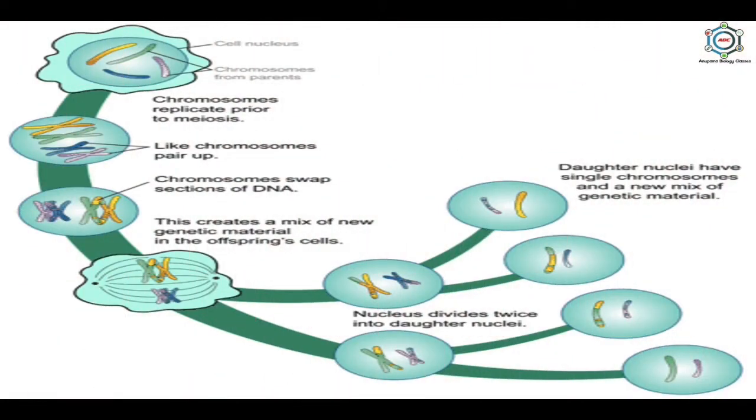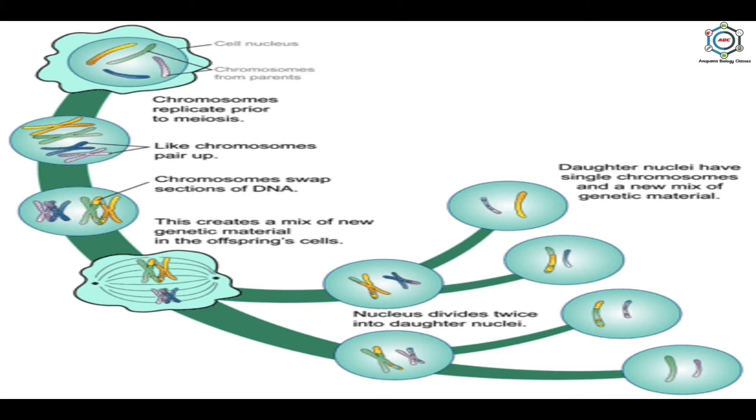Now, in this picture, this is the stage of meiosis, which starts from a cell which has nucleus and chromosomes from parents. This cell is the zygote or fertilized egg. After this, the chromosomes replicate prior to meiosis. Then like chromosomes start to pair up. Then the chromosomes swap sections of the DNA, that means crossing over occurs. This creates a mix of new genetic material in the offspring's cells.